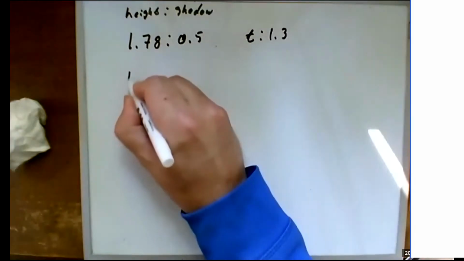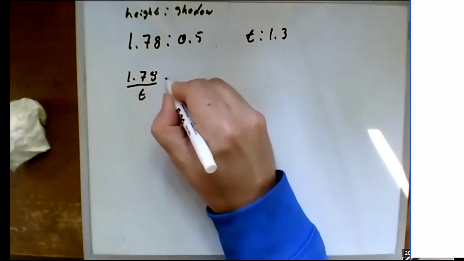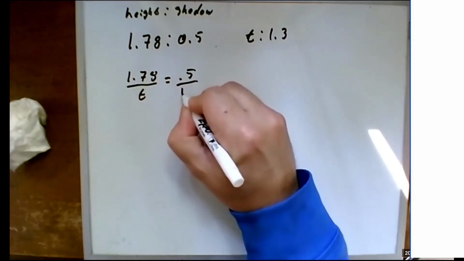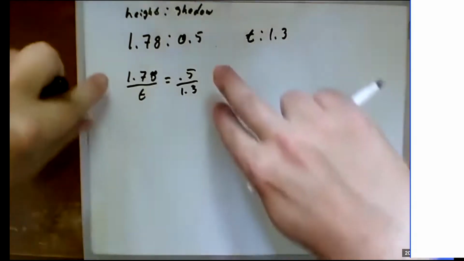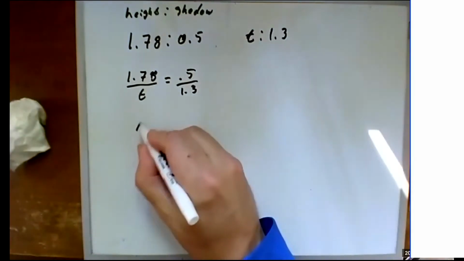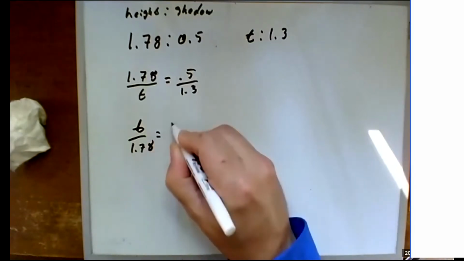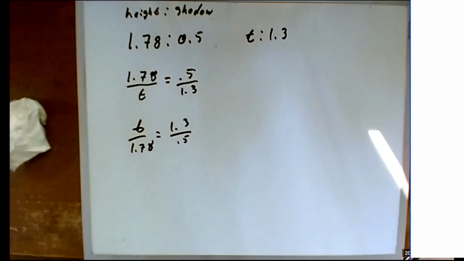So this says then I have 1.78 over T, and this is going to be equal to 0.5 over 1.3. As always, my unknown is on the bottom, so I'll flip it to make my life easier. T over 1.78 will be equal to 1.3 over 0.5.